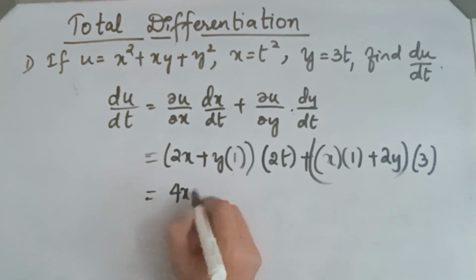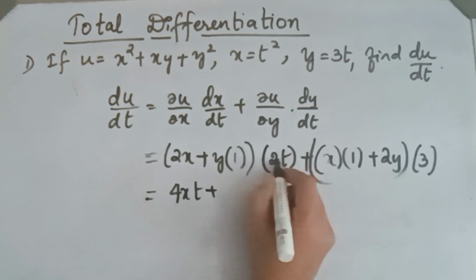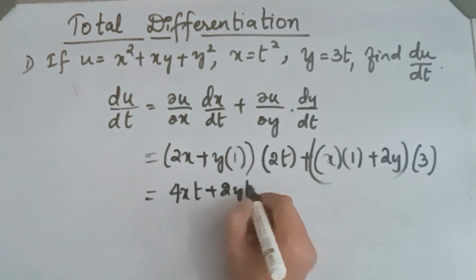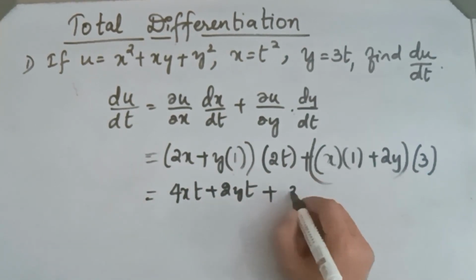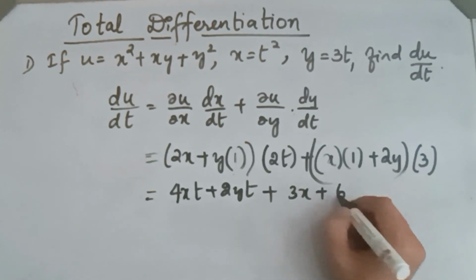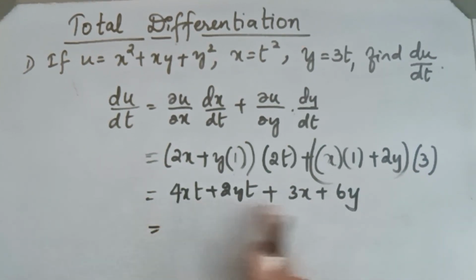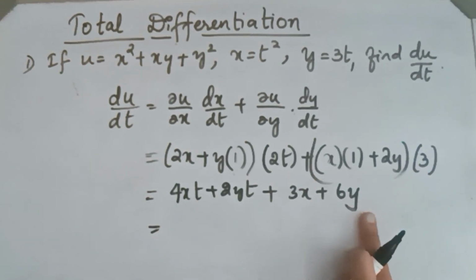Which is equal to 2x times 2t plus 1 times 2t, plus 3x plus 6y. You have to write every term in terms of t.